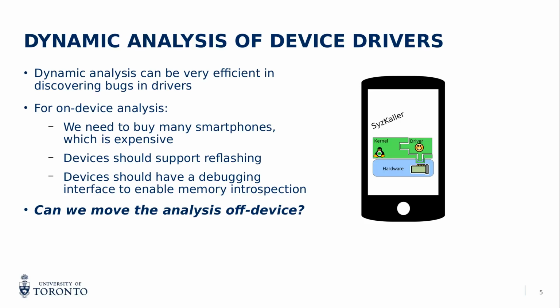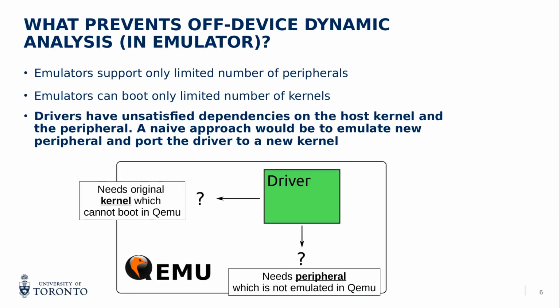And in this work, we ask how can we move the analysis off-device to an emulator. The answer is it is challenging. There are two reasons for that. First, drivers obviously expect to be able to speak to the peripheral while executing. These peripherals are not provided by the current emulators, and adding them is a significant effort by itself. Second, drivers depend on the host kernel on which they were meant to run.